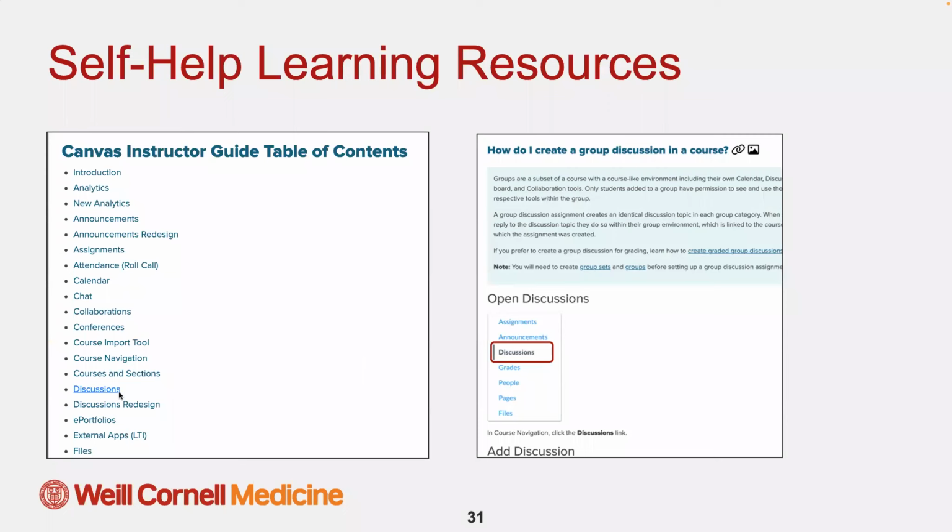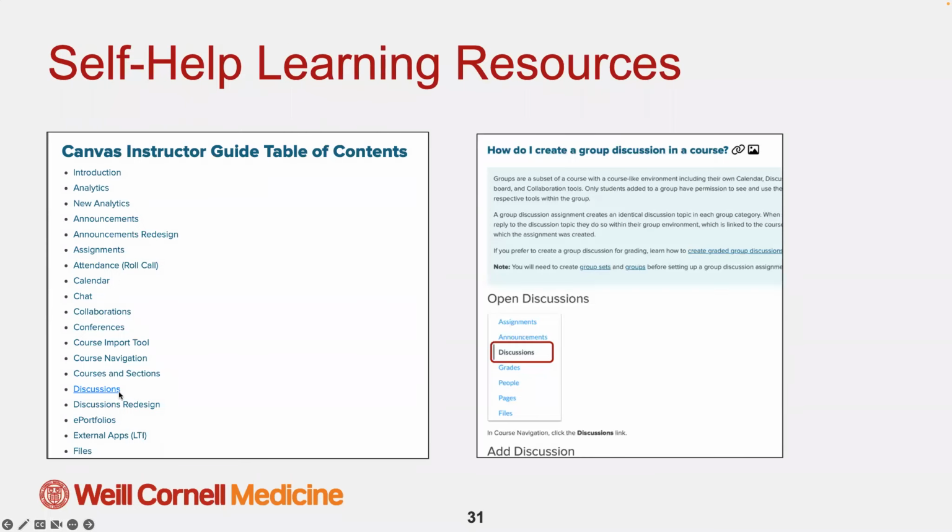And if you selected one, you'd get the how-to guide right here on the right. And there are lots of great resources available, even training resources, like taking an entire course from Instructure or from LinkedIn Learning. There's just a lot of great options out there.